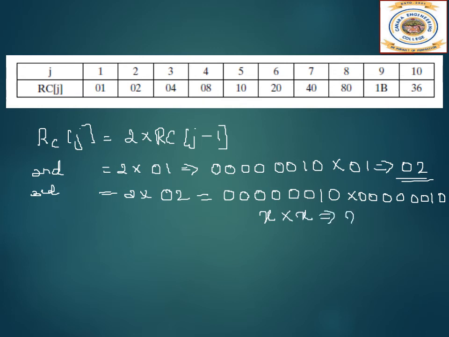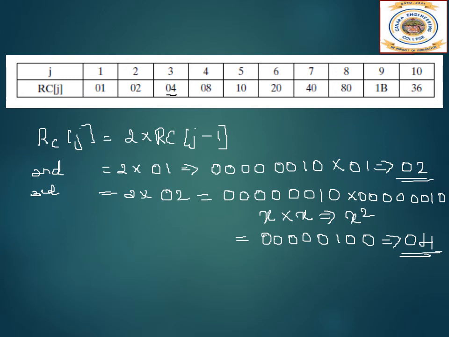So what do we get? We get x square. So what is the equivalent of x square in binary? It is 0 0 0 0 0 1 0 0. So what is this? We get this as 0 4. So this is how we get 0 4 for the third round.